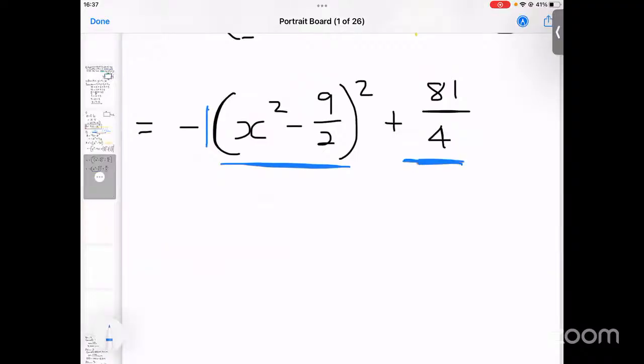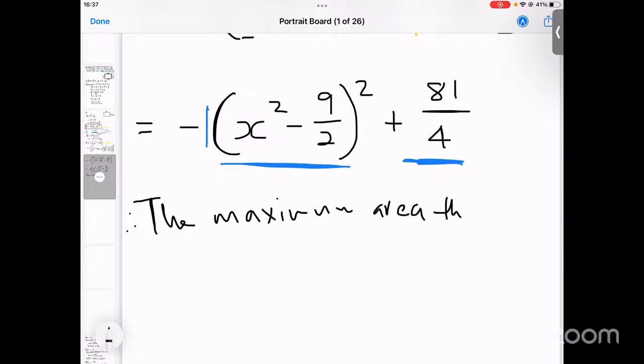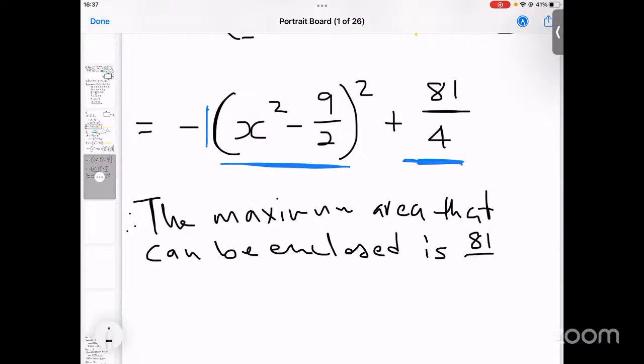In this case, what is that maximum area value? It is that. So as you conclude, you will therefore say the maximum area that can be enclosed is 81 over 4 kilometer squared.